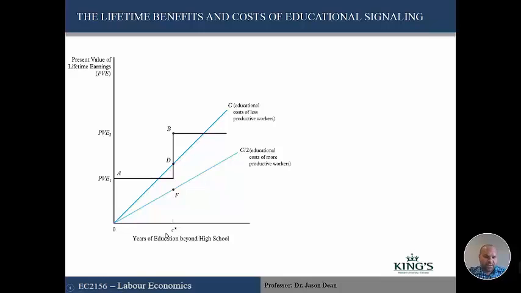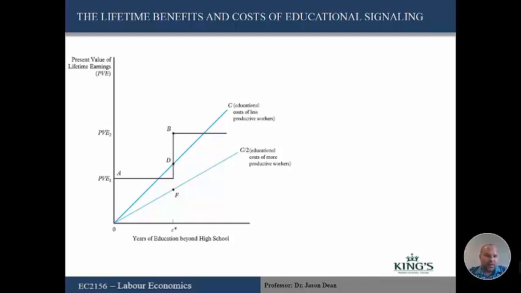Well, if education is a signal, then any worker who gets E-star is going to get the wage of PVE2. But we have to make sure that the right workers are going to get that.